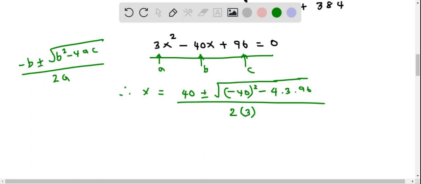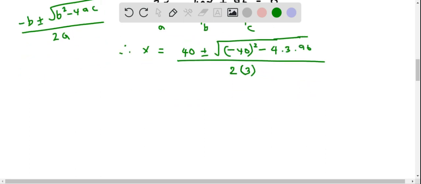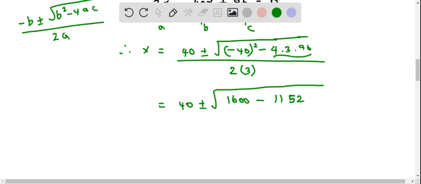So let's simplify this and find the values of x. We have 40 plus or minus the square root of negative 40 squared, which is 1600, and multiplying these three numbers, we get 12 times 96 equals 1152.